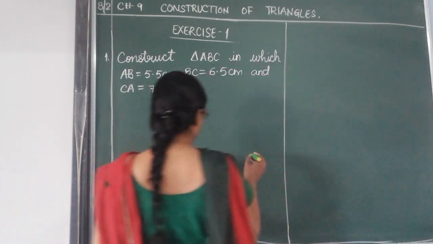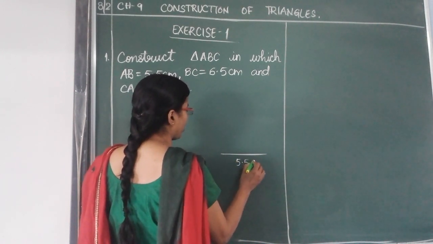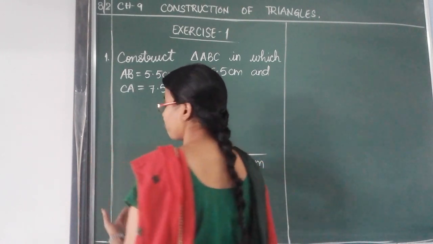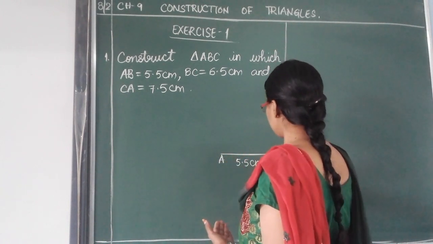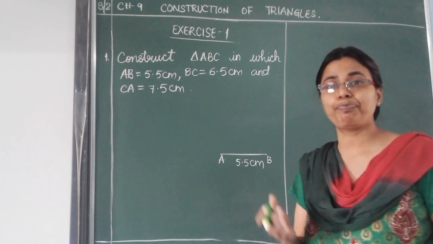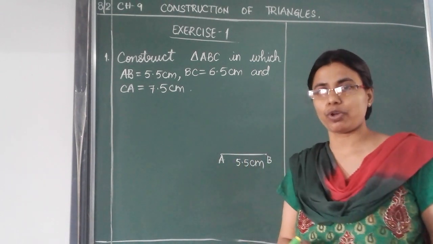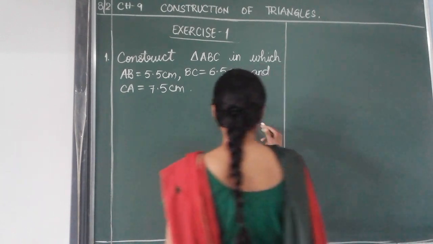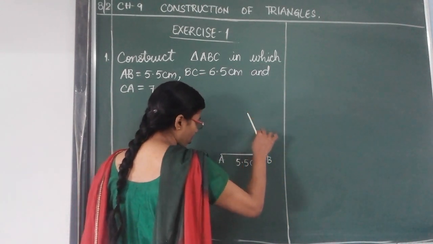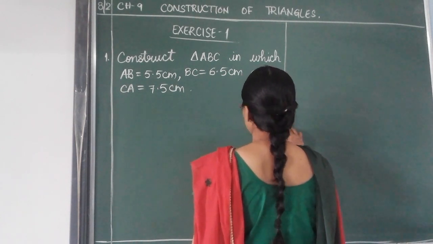Okay? So let's draw the rough figure. So this is going to be 5.5 centimeters roughly. So this is A, line segment A, and this is line segment B. Now BC. So from B to C, it is 6.5. So I am just going to draw like this. This is 6.5 centimeters.